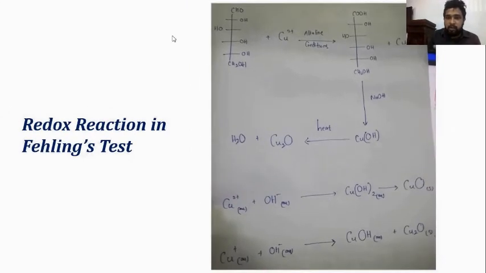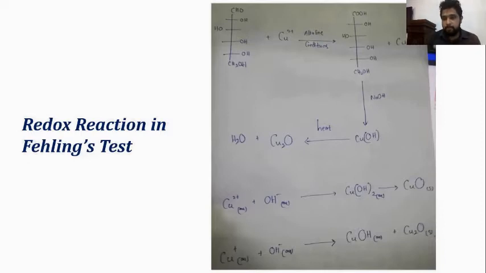Then why do we need this potassium sodium tartrate? Definitely you might have that question. In Fehling solution, the active compound we need is Cu2 plus. It is contained in Fehling's A. Then why do we add Fehling's B, and why should this tartrate component be there?